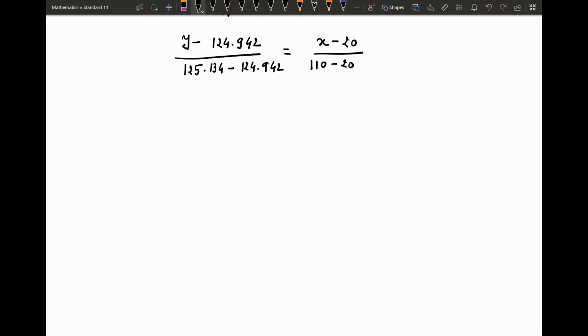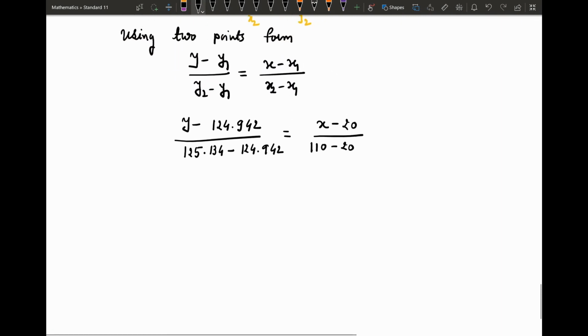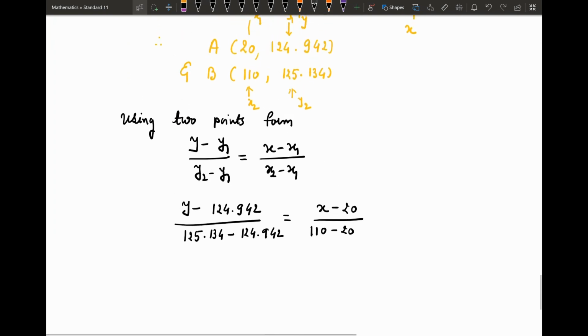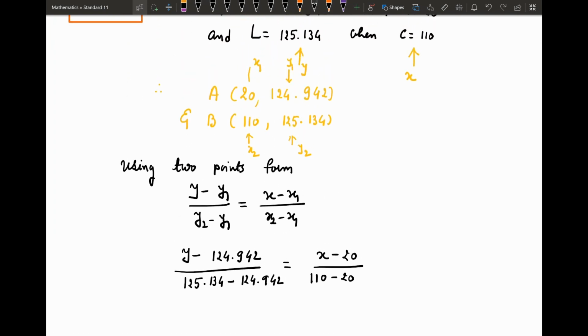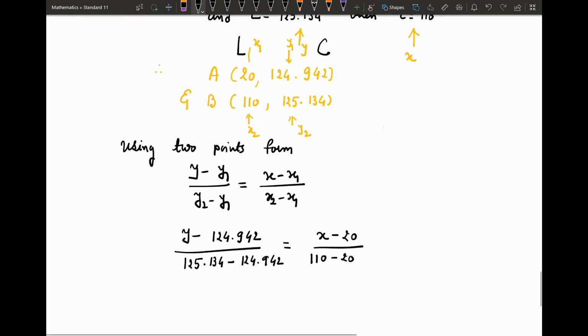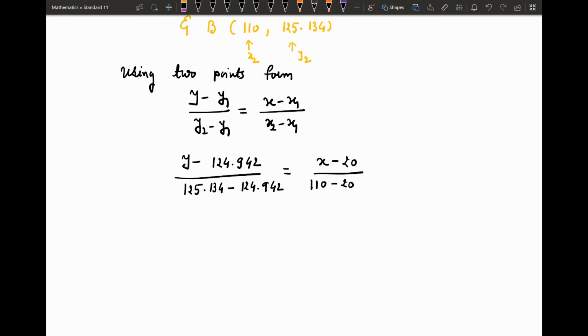Therefore, here we have considered the coordinates of a definite L. So this will be L and this will be C. Here we will put a slight change: in place of x and y, we will use L and C, or you can take L1 C1 and L2 C2 as coordinates and use the two points form.